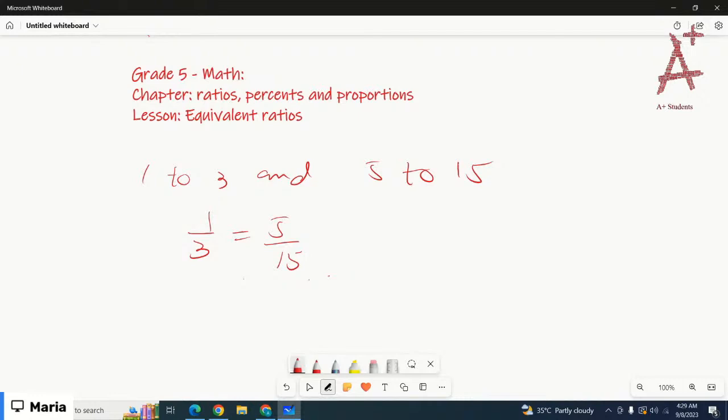Yes, they are equivalent, right? Very good. The correct option is yes.